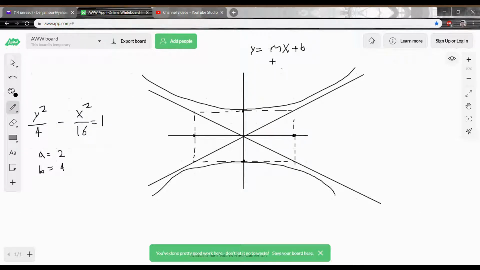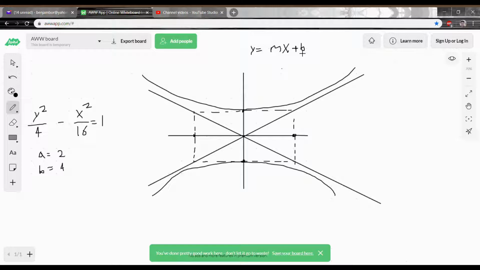In a problem like this, we could be asked to generate equations for the asymptotes of our hyperbolas. Remember that these asymptotes are straight lines, and remember that the straight line equation is y equals mx plus b, where m is the slope, rise over run, and b is the y-intercept.